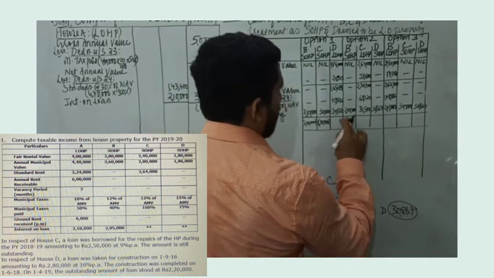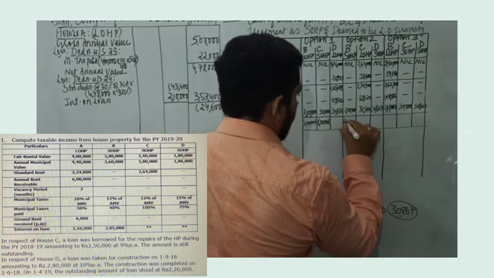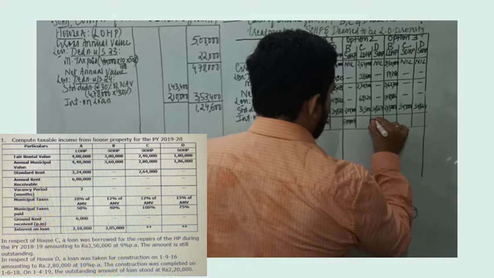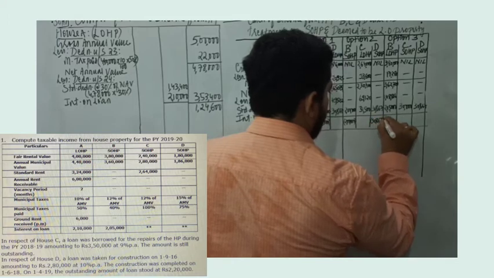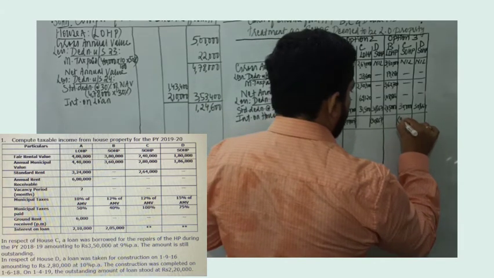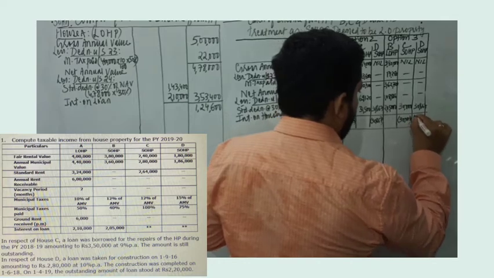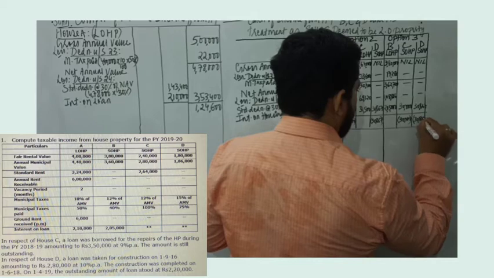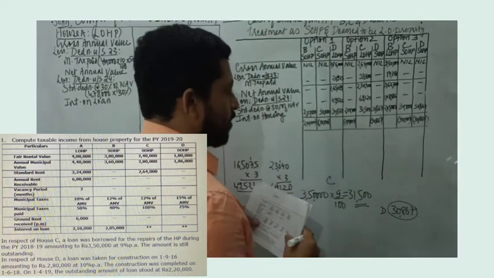So here again it is minus 2 lakh. Minus 2 lakh. Here it is minus 30,867. Here it is minus 30,000 and here it is minus 30,867. So we are getting a few numbers.